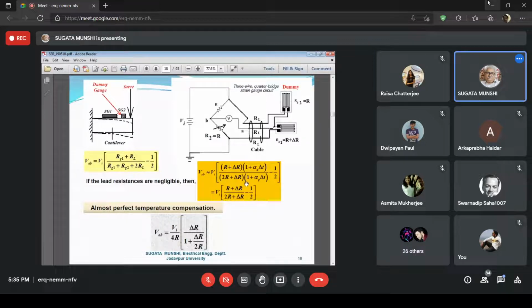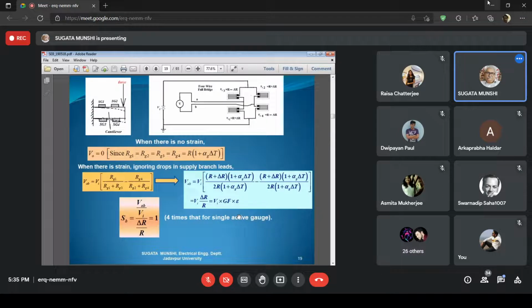All right. Now I am showing you one arrangement which consists of 4 gauges. 2 under tension, the upper 2, and these 2 are under compression. Now these 4 gauges occupy the four arms of the Wheatstone bridge.